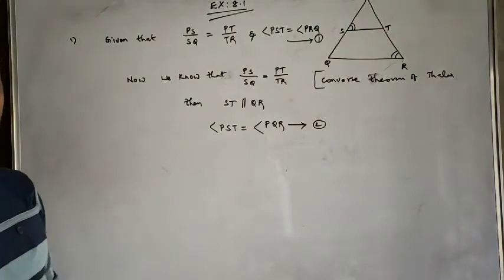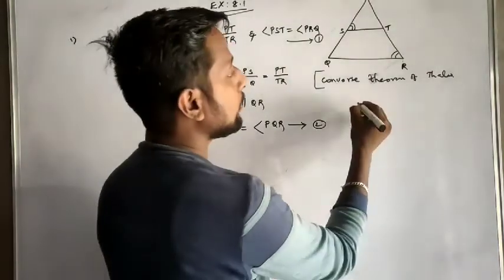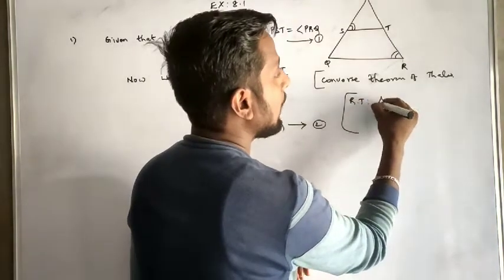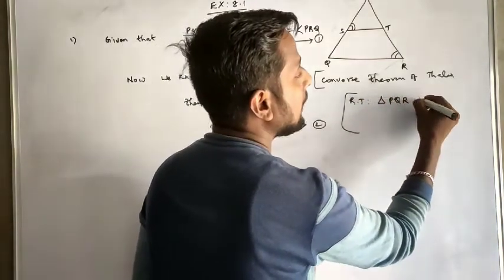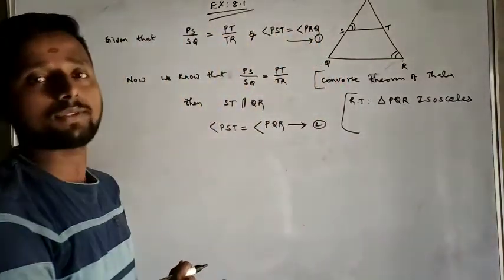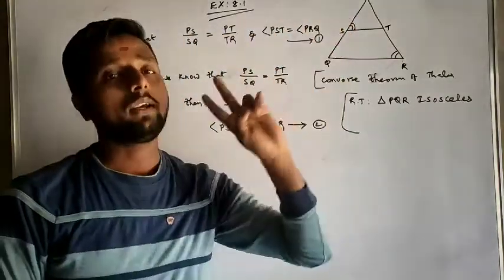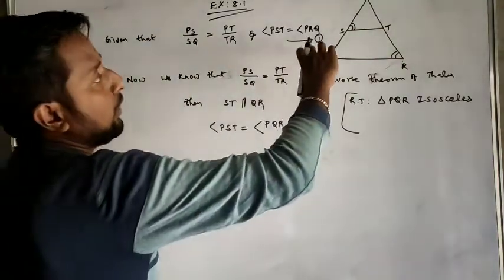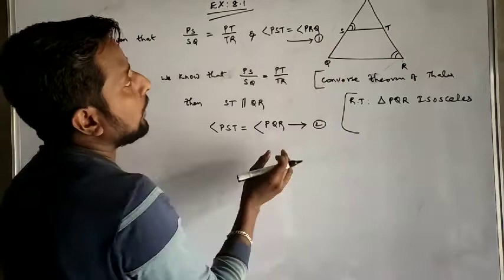Now, what is required to prove? We have to show triangle PQR is an isosceles triangle. That means in PQR, any two sides are equal. Look at equations 1 and 2. What did you observe?